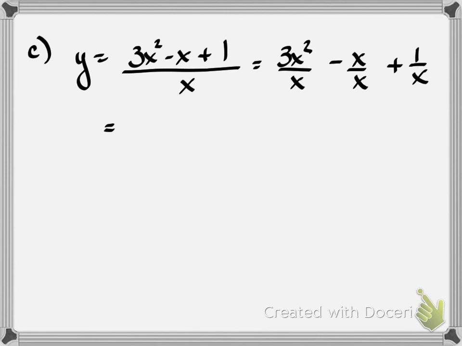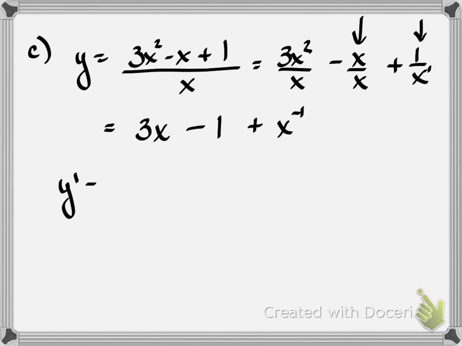So this first term reduces to just 3x, minus this next term is just 1. And this next term, we might want to write by moving that x to the numerator and making it to the negative 1 power. So in this step, we've made everything into a really nice friendly form so that we can take the derivative.